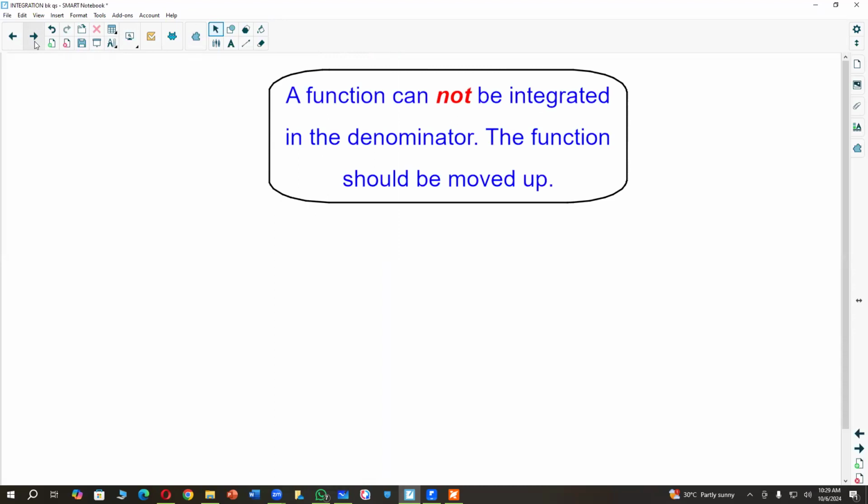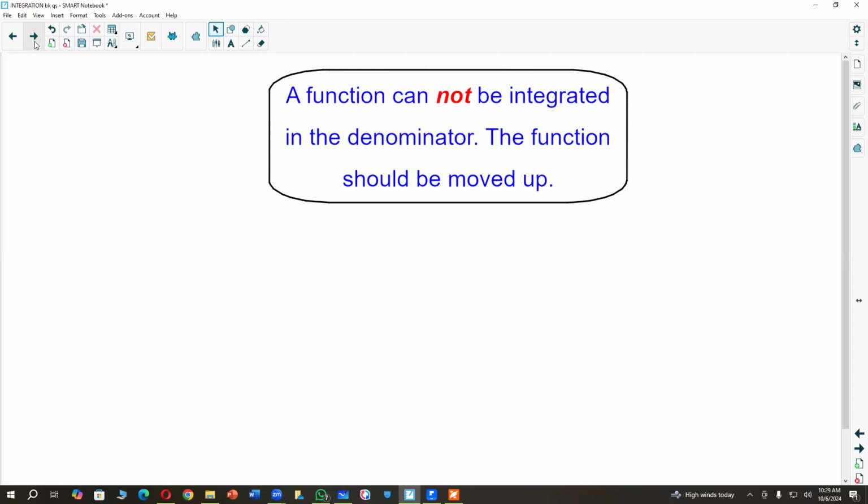What does it mean by that? Suppose 1 upon x square is given. It means that you can't integrate it from the denominator side.